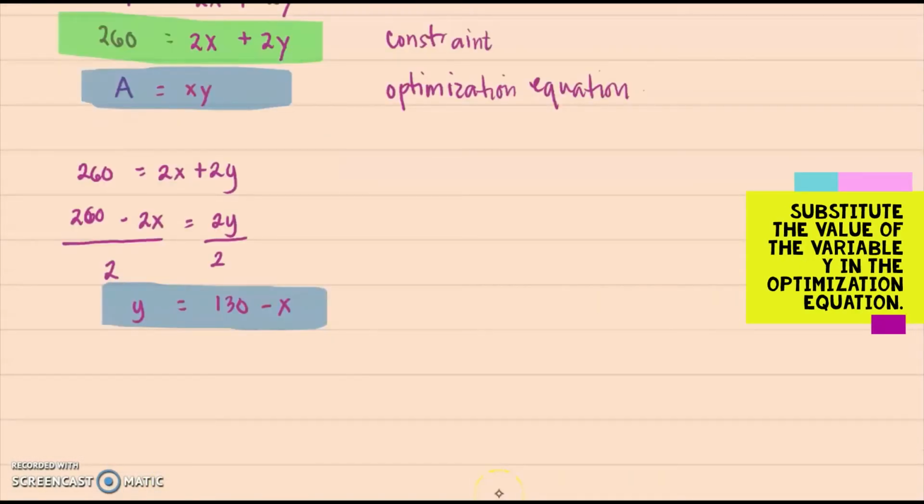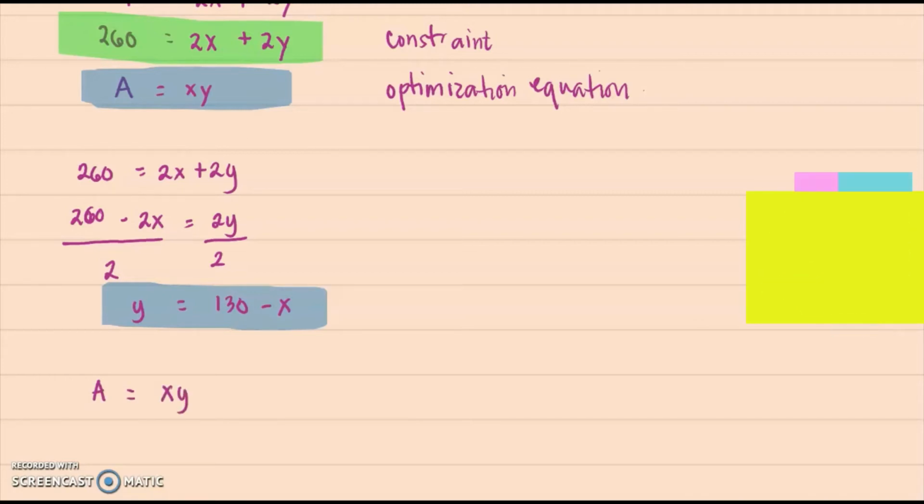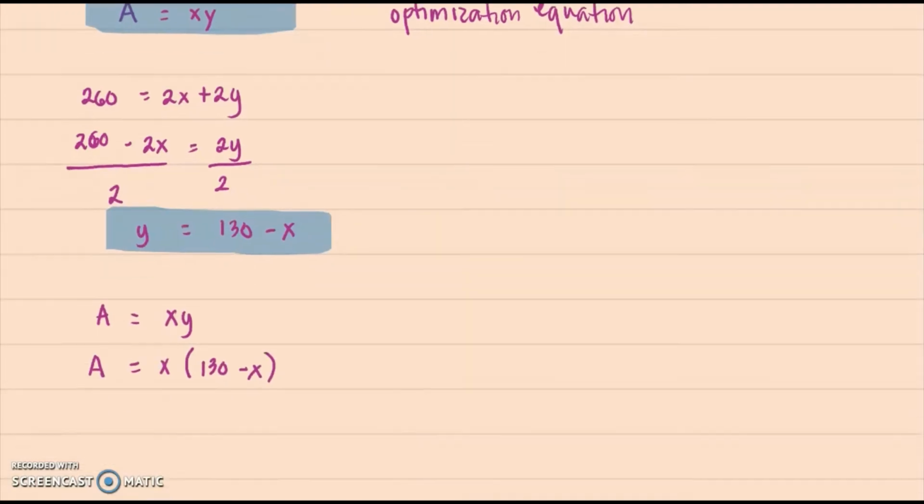Now, using our optimization equation, let us substitute the value of our variable y. So the area is equal to x times y. Substitute the value of y: area is equal to x times 130 minus x.